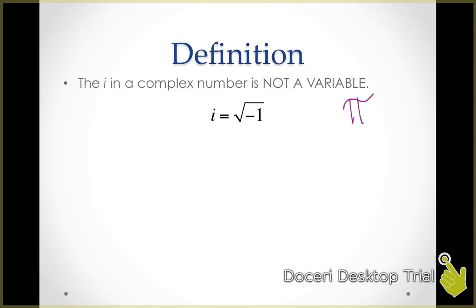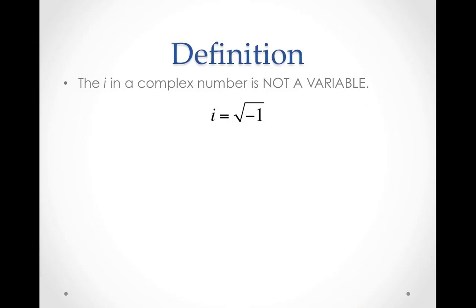Okay, so it's not a variable. What makes that a little bit tricky is the fact that it oftentimes acts like a variable. It acts like we would expect a variable to act. But we have to remember it's not just a variable, it actually represents a particular value, and that particular value is the square root of -1.